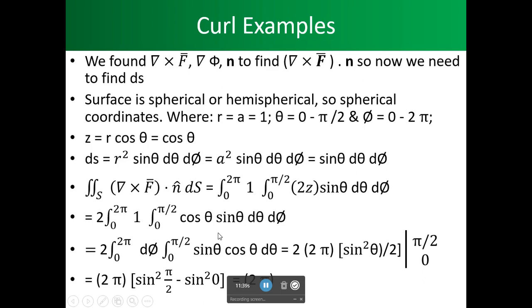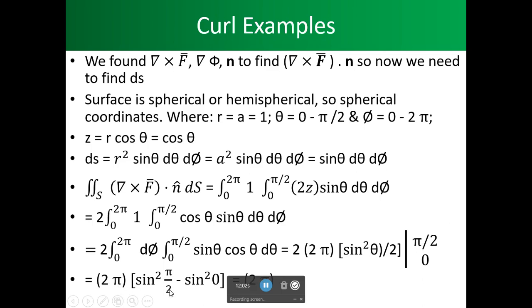Then we have the sine and the cosine. The antiderivative of the sine times the cosine is going to be sine squared over 2, and the cosine fits in nicely there. We're taking it from 0 to pi over 2.